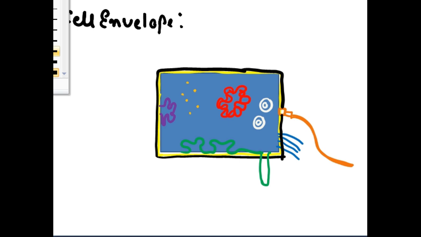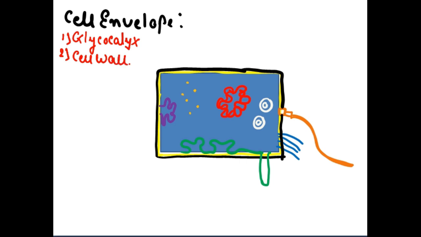They are first, glycocalyx; second, cell wall; and third, plasma membrane, or in another term, the cell membrane.